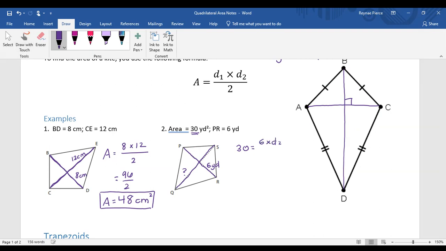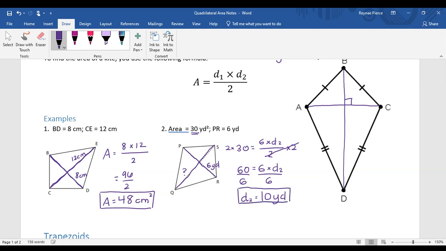I don't know the second diagonal. First thing that I like to do is multiply both sides by 2 to get rid of the division. 2 times 30 is 60, and we are left with 6 times the second diagonal. And we will divide both sides by 6. So SQ is 10 yards.